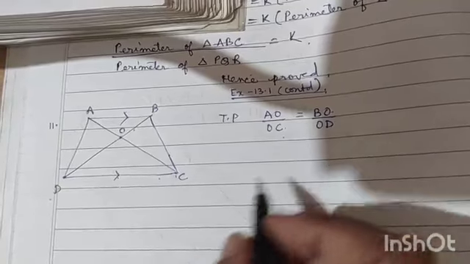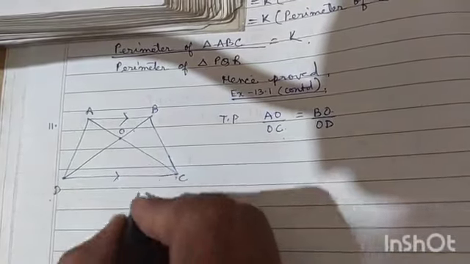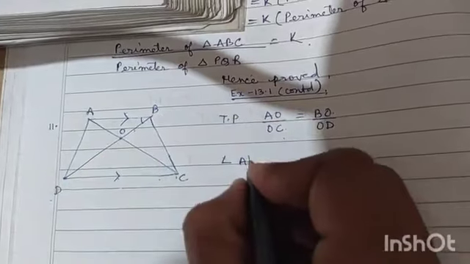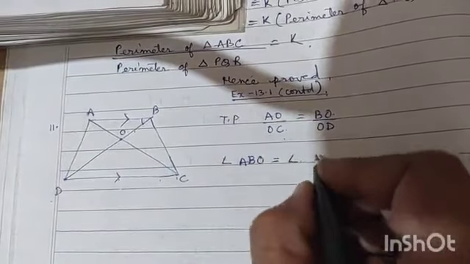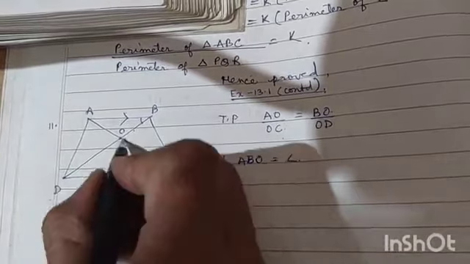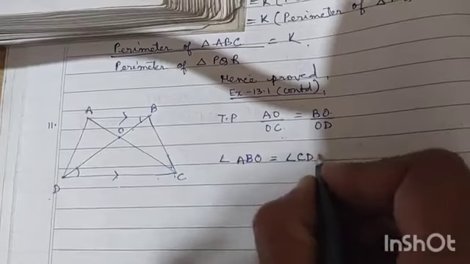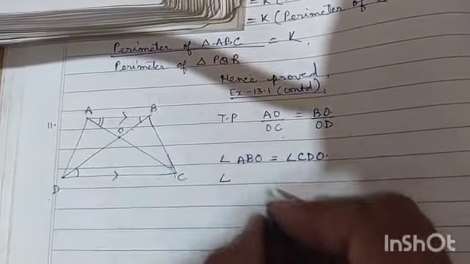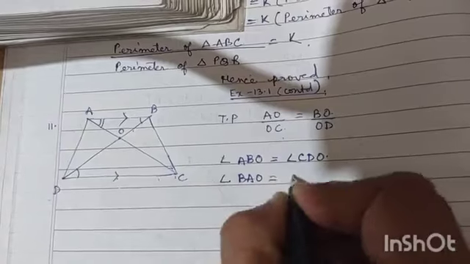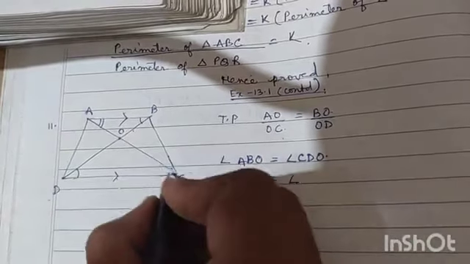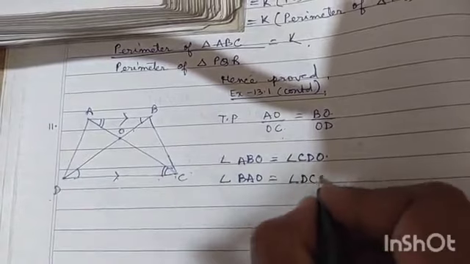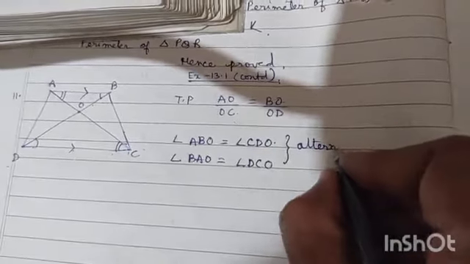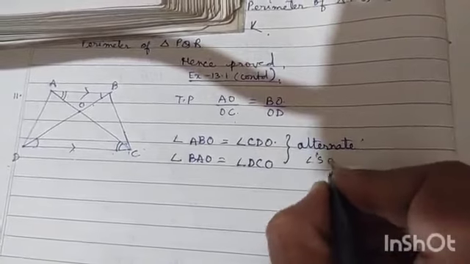So here, since these two lines are parallel, angle ABO, this angle, is equal to angle CDO, this angle, and angle BAO, this angle, is equal to angle DCO, this angle, since alternate angles are equal.